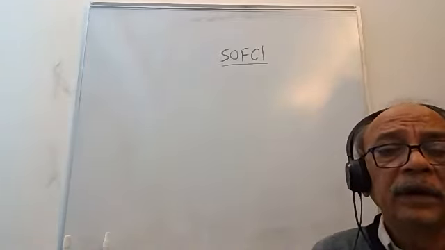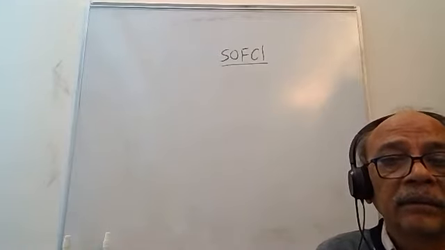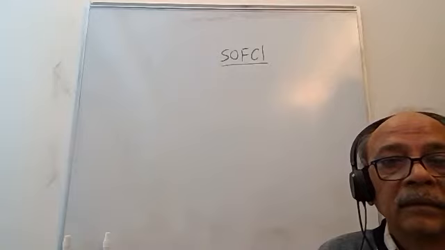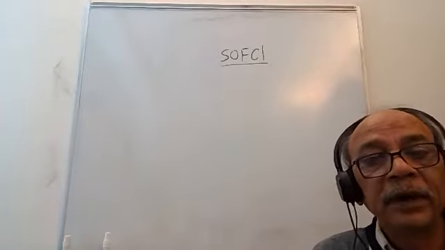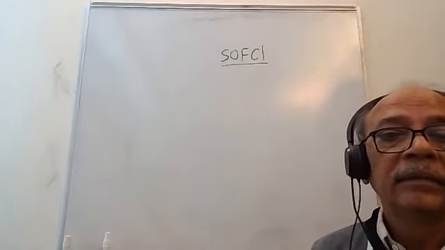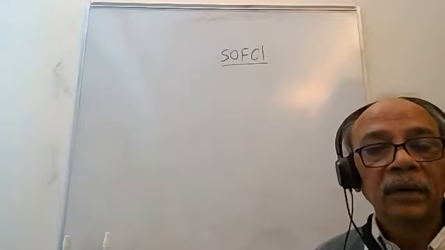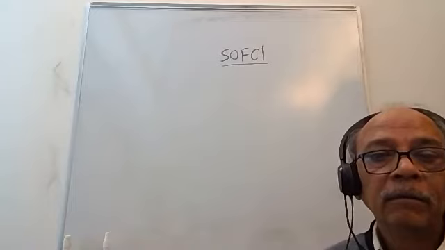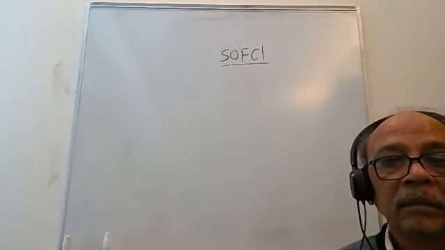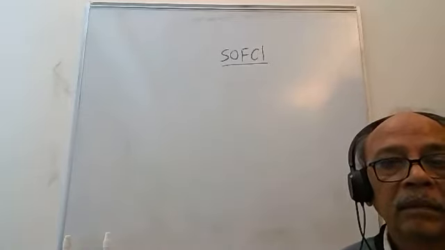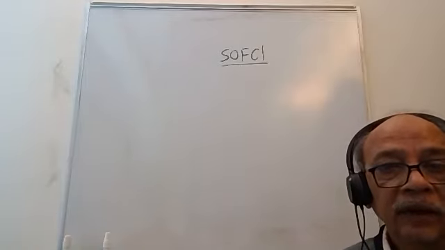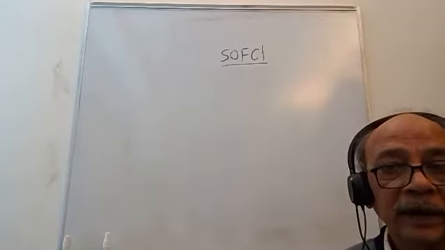What's the first thing you need to do, folks? Draw the Lewis structure. And what's the next step you need to do? Know what the central atom is. What's the third step? You need to have the VSEPR model, right? Geometry, correct?